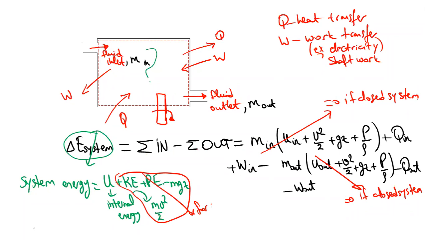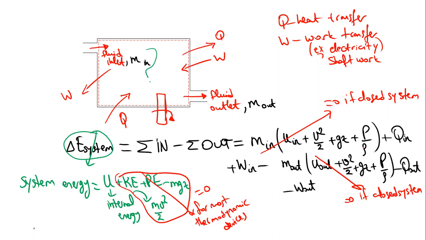So for most thermodynamic devices, the kinetic energy and the potential energy terms are 0.